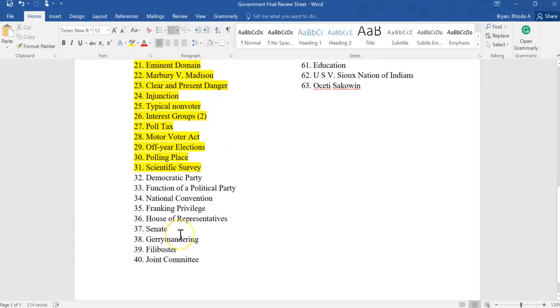Another layered curriculum question on scientific surveys. This one's kind of a complicated question, so I'll try to make it as easy as possible. What makes a scientific survey? This one kind of talks about pollsters and presidential, but really what makes a scientific survey is being able to interview or speak with randomly chosen people in randomly chosen area codes.